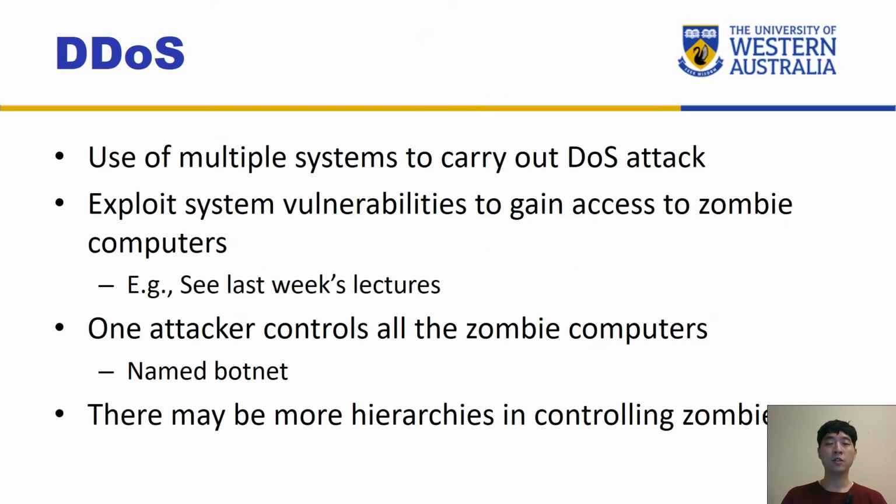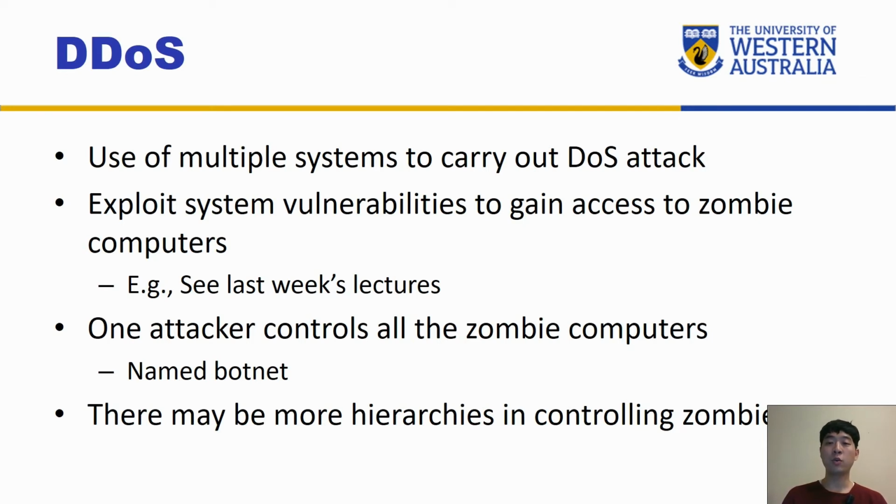So DDoS is still volume based. You are just sending a huge number of packets to the target to take it down. It is the use of multiple systems to carry out a denial of service attack. You gain access to the zombie computers, so you need to send some malware or gain some remote access. See last week's lectures or a couple of videos back.